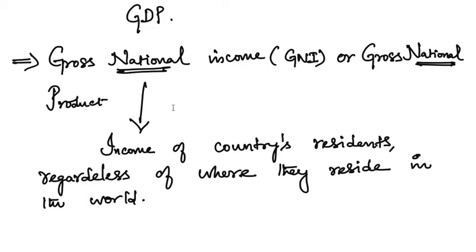So what you basically do is take the income of India's residents living in different parts of the world and add this income to the country's GDP, and you deduct income earned by foreign nationals living in India. You deduct this income from GDP.